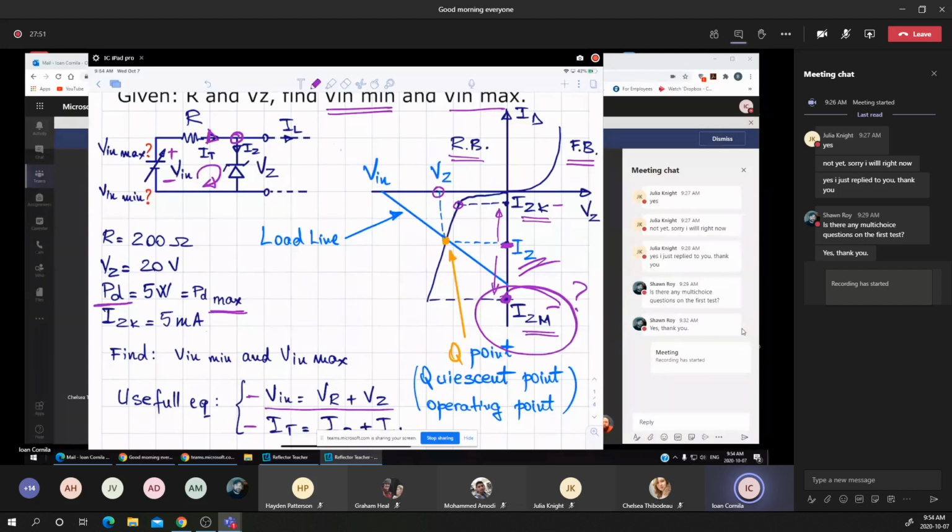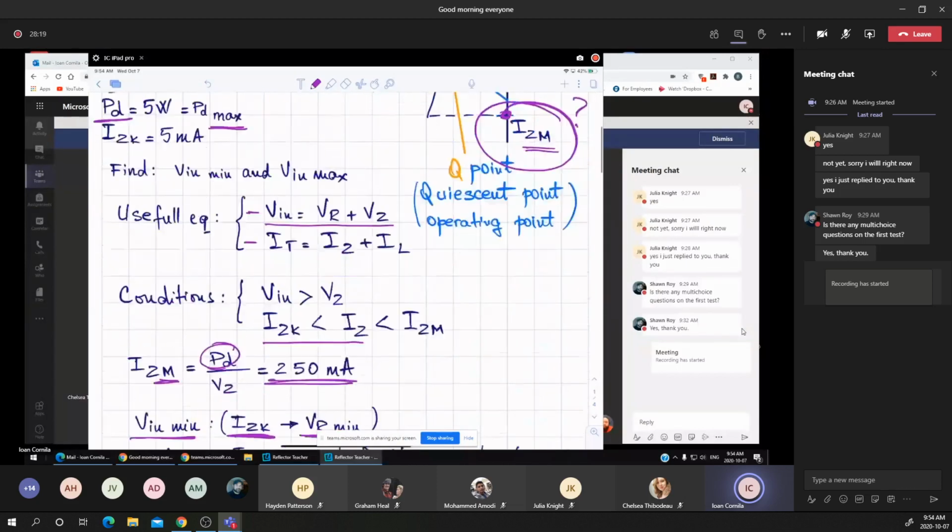But remember that IZK is very small, so we can neglect the value of the IZK. To simplify our calculations, I will say that we choose the IZ as the IZ max divided by 2, halfway between the IZK and the IZ max.